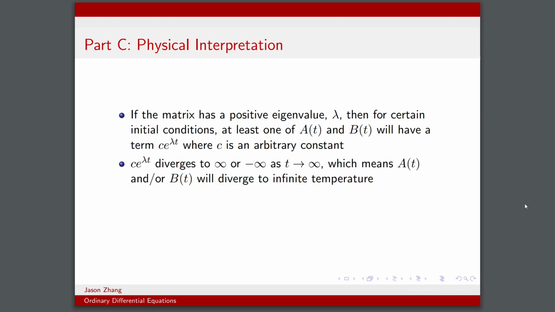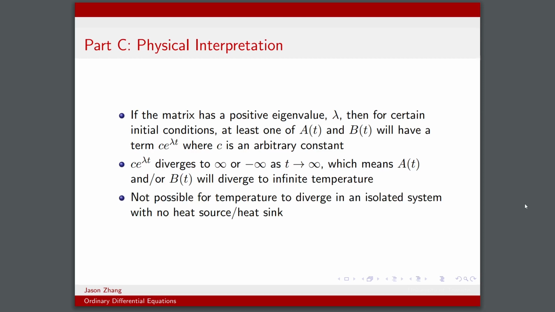This means that A of t and/or B of t will diverge to infinite temperature, which doesn't make any sense physically. This is not really possible because we have just a system of two rooms and there is no heat source or heat sink, so there's no reason there should be any form of infinite temperature. So this is why, before we even solve our coefficient matrix, there cannot be a positive eigenvalue.